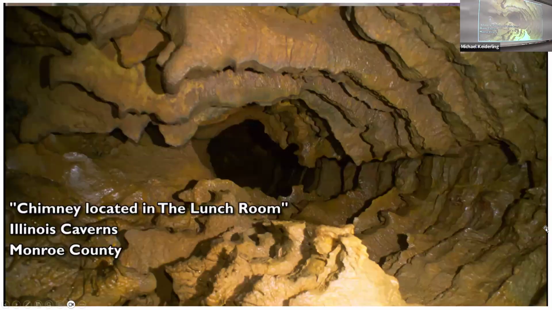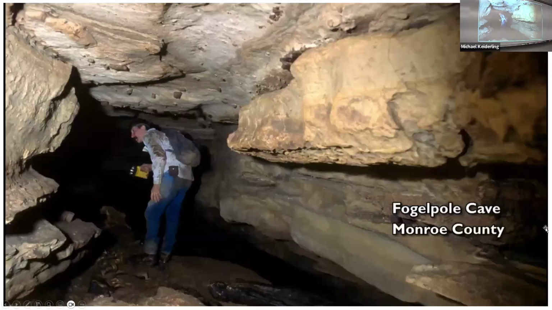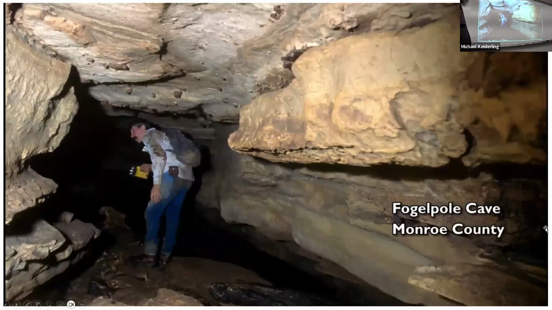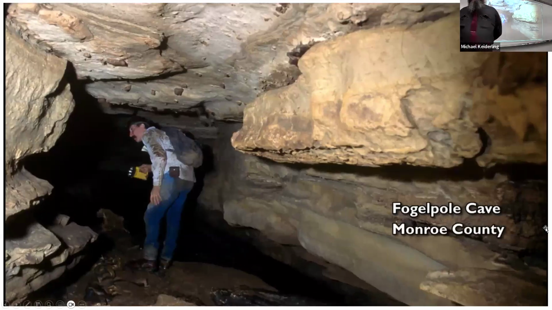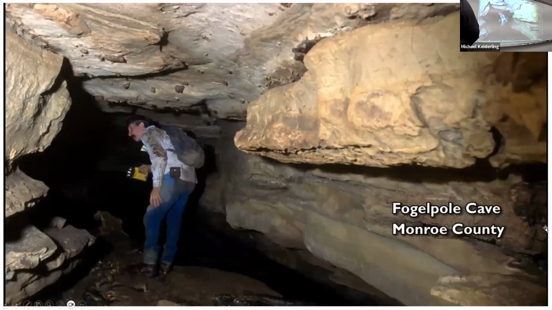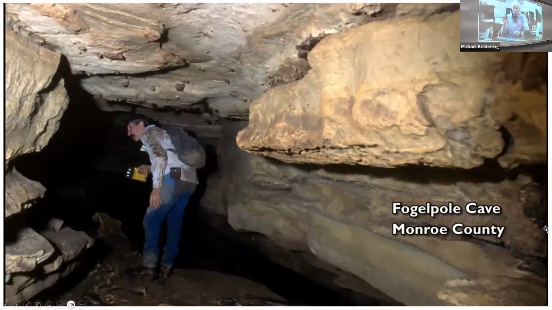Carbonate rock is soluble in rainwater; it dissolves in rainwater, soil water, and so on. So basically, all the bedrock in Illinois and the entire world is fractured to some extent. And when the rainwater or surface water seeps in, it begins to dissolve this rock.